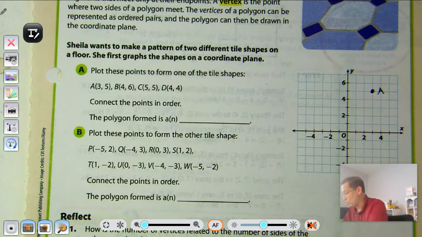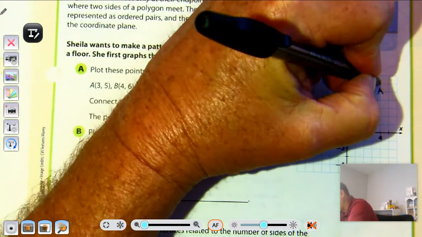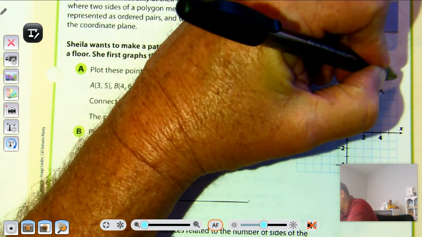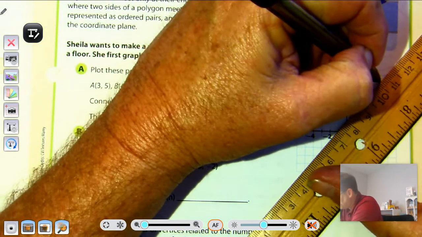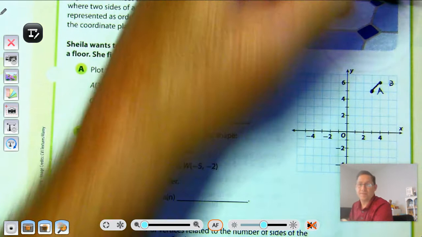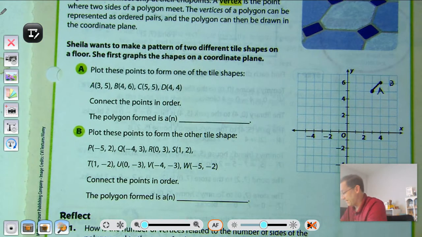And then B is at 4, 6. Okay. And then 5, 5.